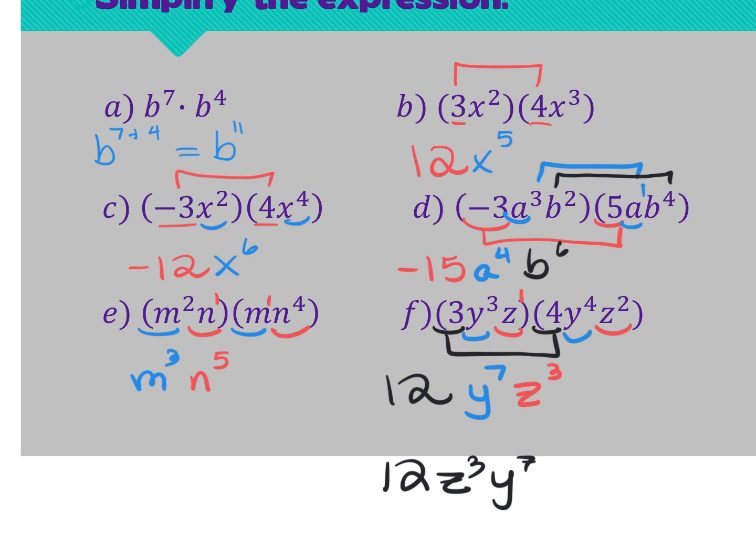It helps me to look for like terms a little bit easier. So again, technically, the order of the variables doesn't matter, but most of the time on a standardized test or a test, you're going to see it in alphabetical order, ABC order.